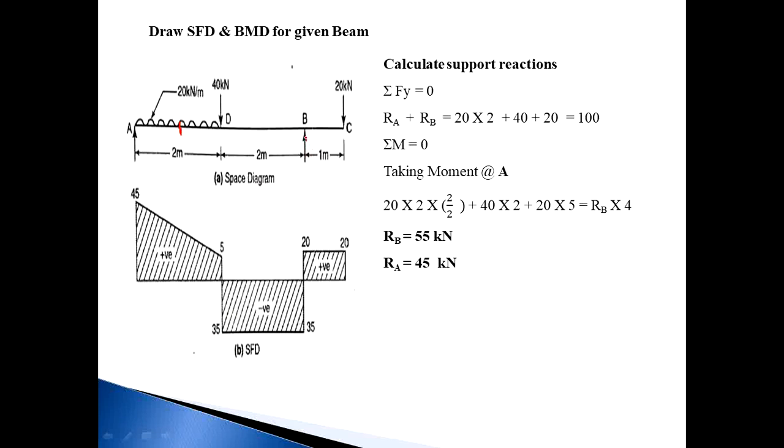Then RB, the direction of the moment of RB is anti-clockwise, so plot it on the other side. RB into distance 4, that is RB into 4. Then next, 20 into 2 plus 1, that is 5. By solving this equation, we get RB equal to 55 kilonewton. Then put this RB value in the earlier equation, so RA becomes 45 kilonewton. This is the first step to solve the problem.